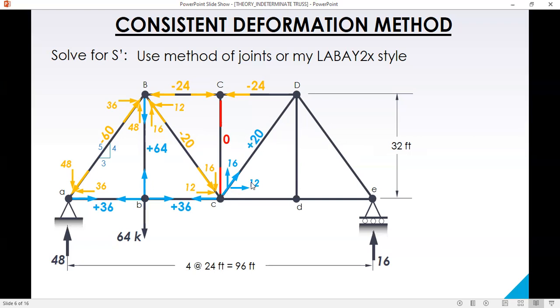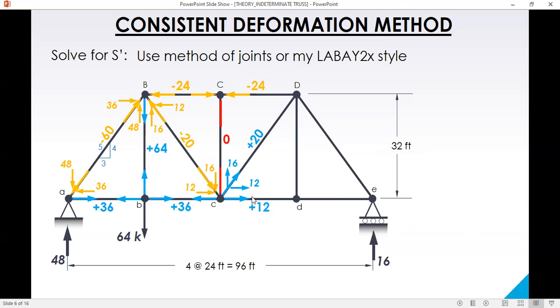Okay. Check the horizontal forces. 36 to the left, 12 to the right, 12 to the right. So we need another 12 to the right para ma-zero. So this will be positive 12. So if we check horizontal forces, it's already equal to 0.